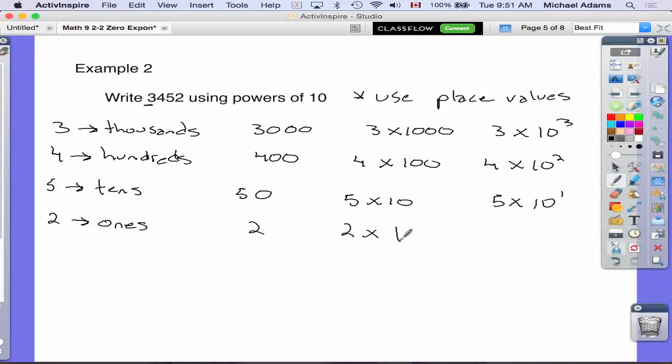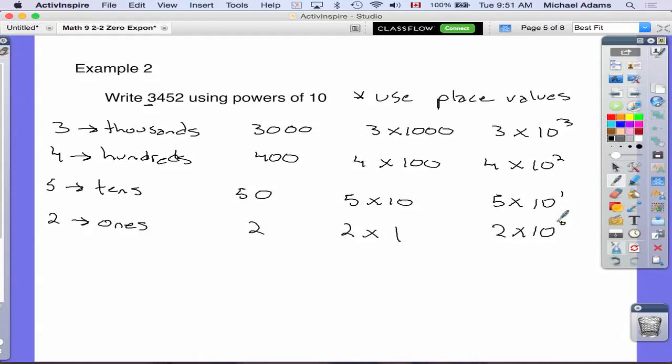How can I write it now? Oh, close. Absolutely. So then we go 2 times 10 to the exponent 0, because we know that anything to the exponent 0 is 1. Right? Oh, we're almost done.